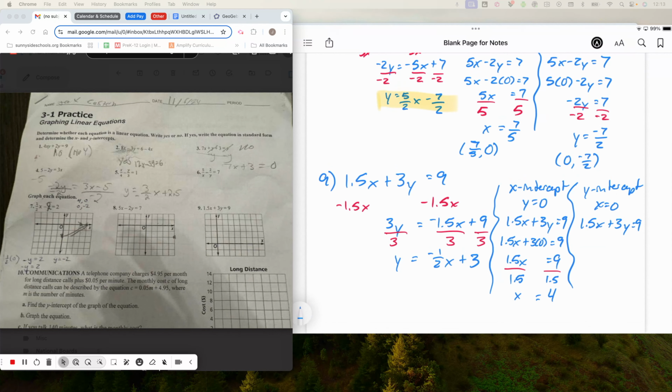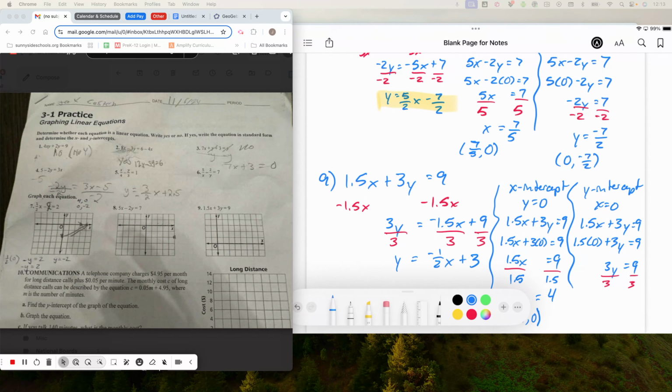So our x-intercept would be at 4, 0. Putting 0 in for x, we would get 3y equals 9, divided by 3. And we would have y is equal to 3. So our y-intercept would be at 0, 3.